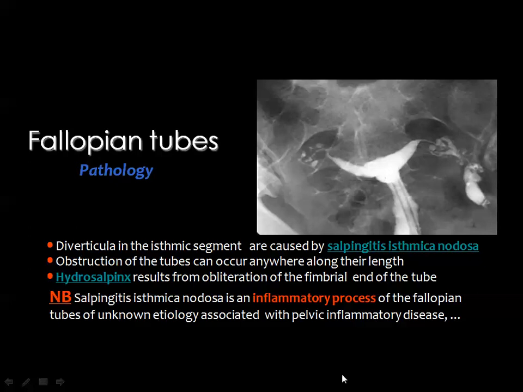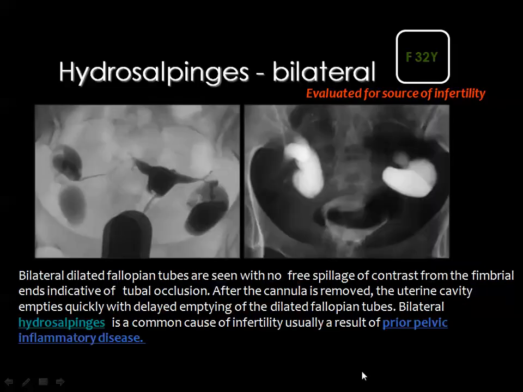salpingitis isthmica nodosa. Then, a second lesion affecting the tubes is the hydrosalpinx, and this is the hysterogram showing normal appearance of the uterus with dilated, markedly dilated distal part of the fallopian tubes retaining the contrast, and you see the stagnation of contrast material with no spill within the pelvic peritoneal cavity.